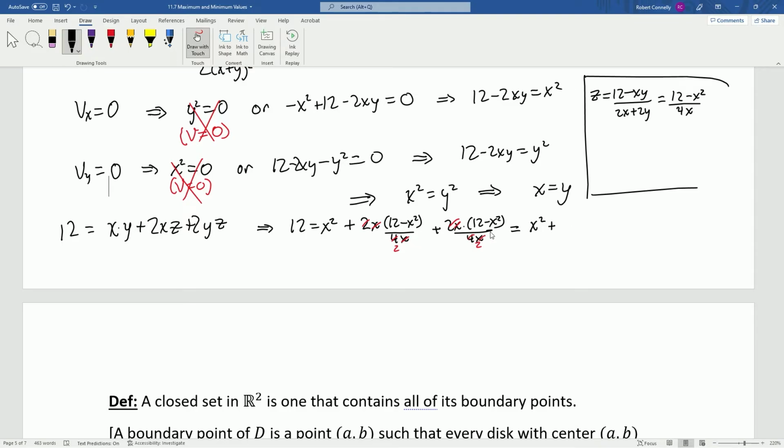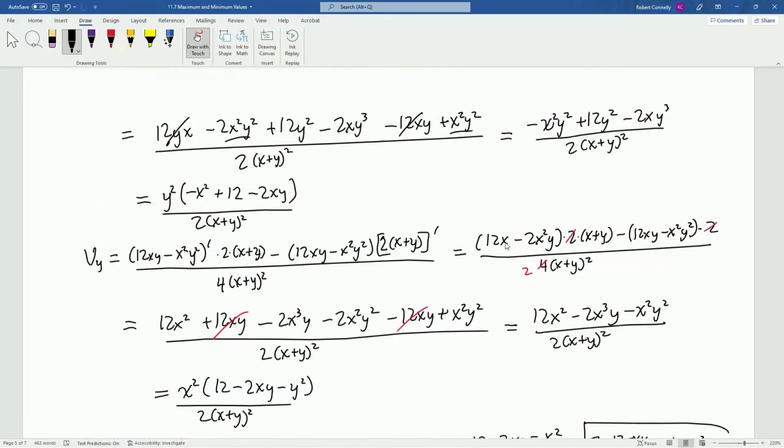So since these fractions are both over 2, we'll just combine them together. (12 minus x squared plus 12 minus x squared) all over 2. Okay, so this becomes x squared minus... we've got a minor error in here because those would cancel out, and that would give me just 12 equals 12, which is silly.